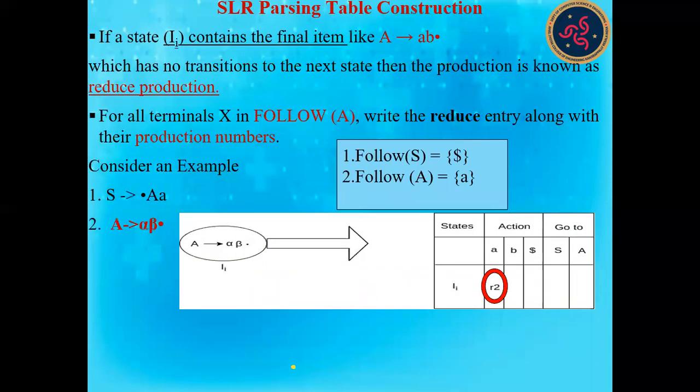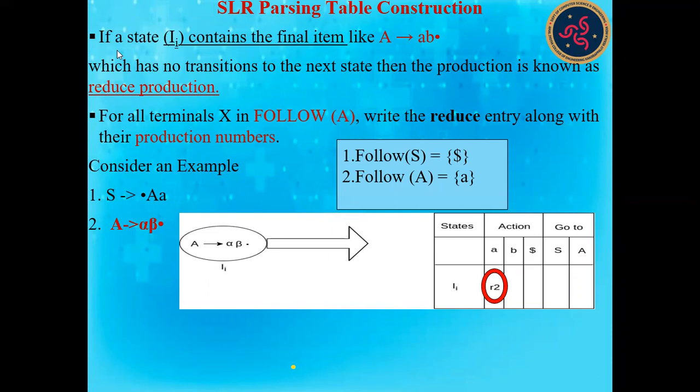Next is another case, that is if we have reached a final state. Here in this case, we have a production A gives something, and the dot symbol is appearing at the rightmost end. That means that we have this final state or closed state here.